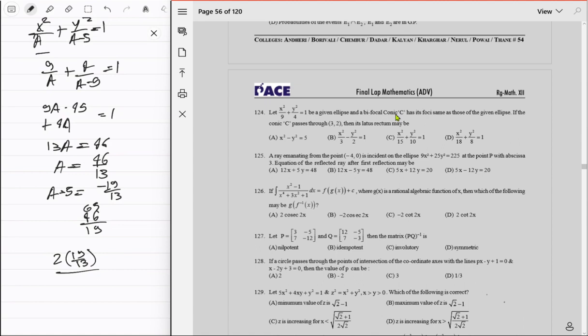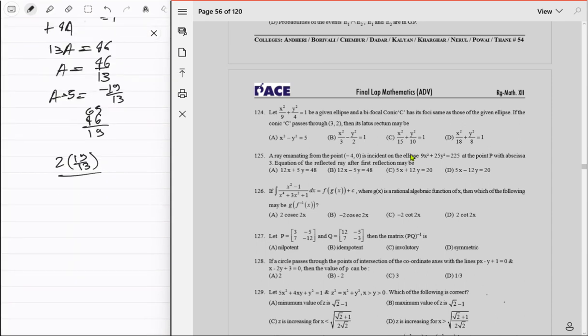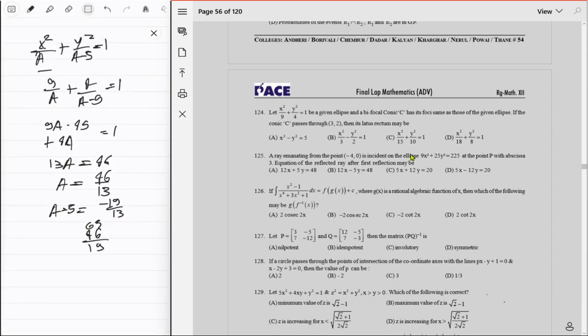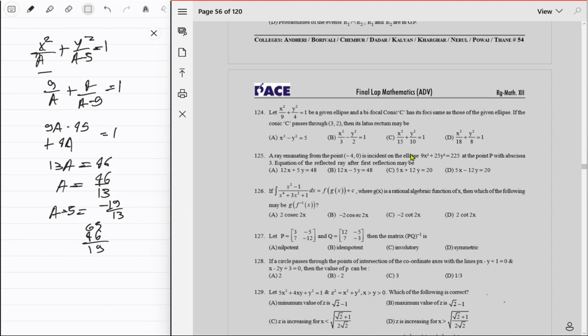Wait, it's latus rectum maybe, but ये कैसे latus rectum? I don't understand this. अपने को latus rectum चाहिए. We don't want the conic itself, right? Oh, you just want, okay. You just want, got it. Wait, ये तो काफी easy था यार. This doesn't make any sense. But इसमें x क्यों involve हो रहा है?